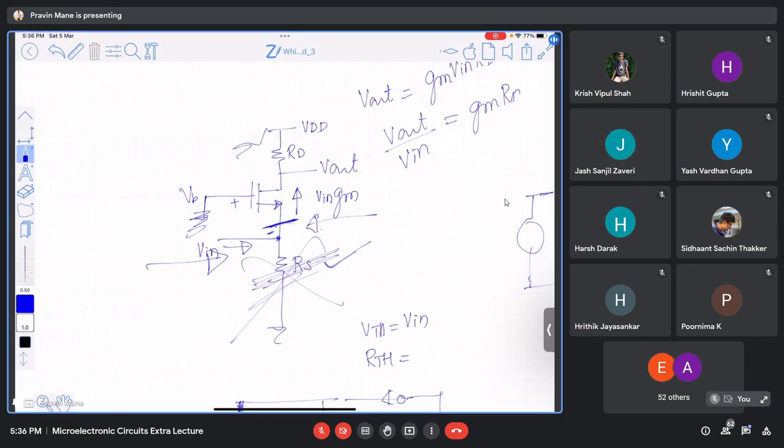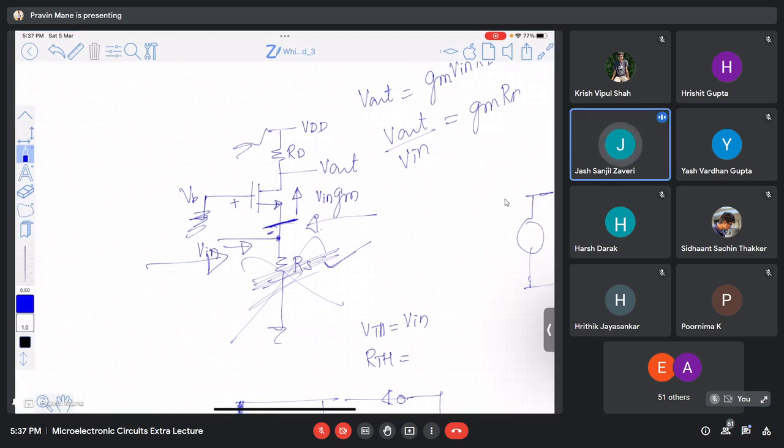No. I said whenever you connect any resistance in parallel with a voltage source, Thevenin's equivalent says that the resistance doesn't matter. If you remove it, the circuit is not going to be affected. Oh, okay. So here the R out through the source would be just 1 by GM, right?